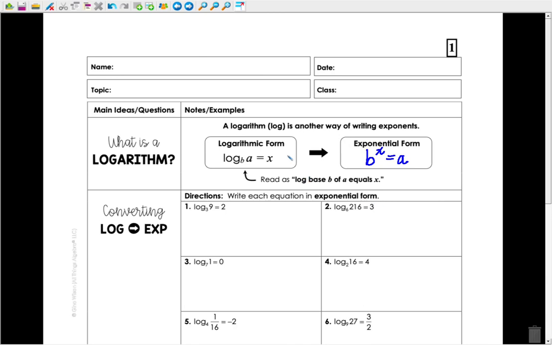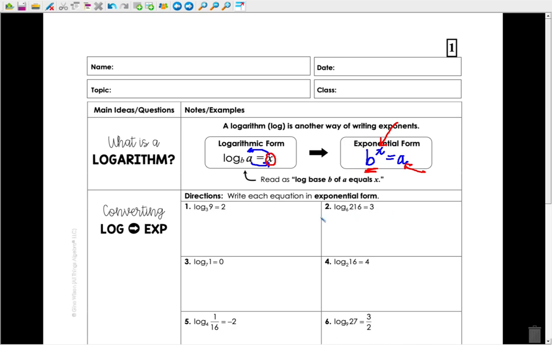In other words, your x becomes your exponent, and the a becomes the answer. So when you look at the exponential form, I've got my base, and the exponent is the value of x, which will equal the answer.